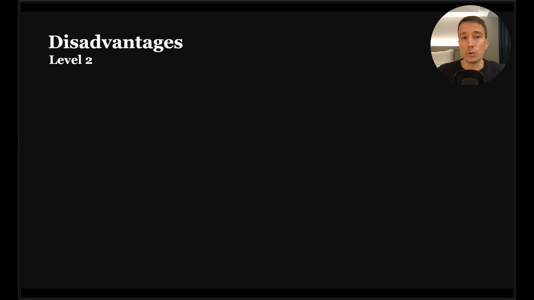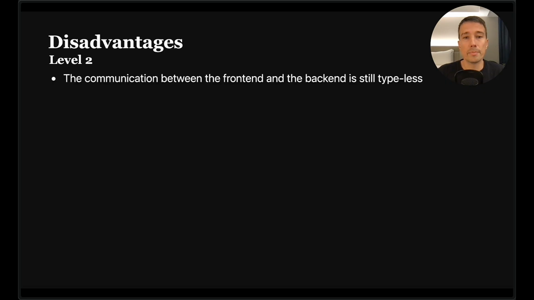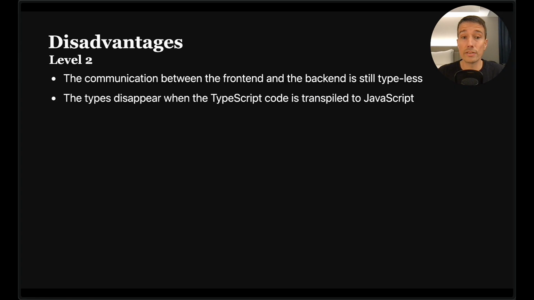So that's level 2. But where are the gaps here? Well, the communication between the backend and the front end is still typeless. We made an assumption that we exchange data with the backend in a certain format, but we cannot be sure that our assumptions during development are always true when our single-page application runs in production. And in addition, the types disappear when the TypeScript code is transpiled to JavaScript.